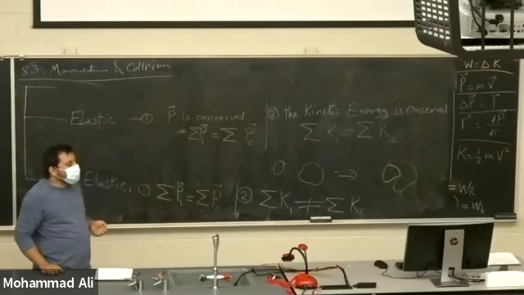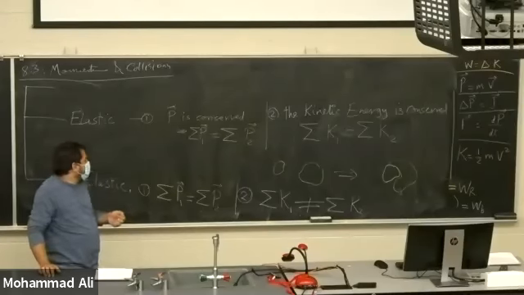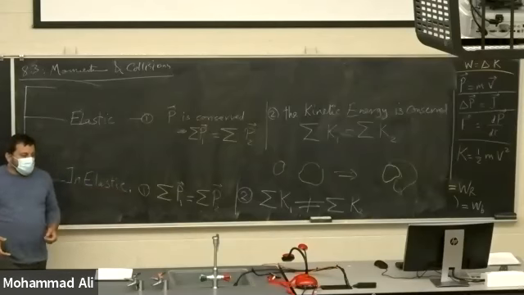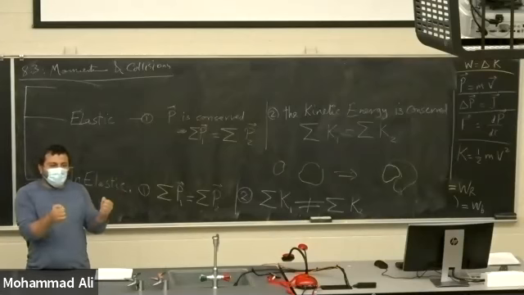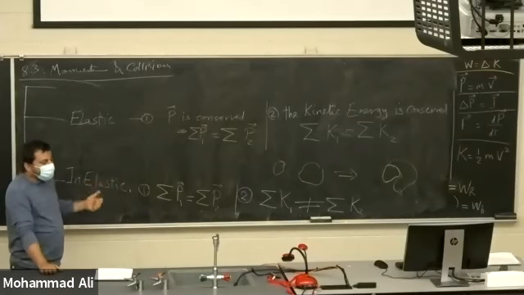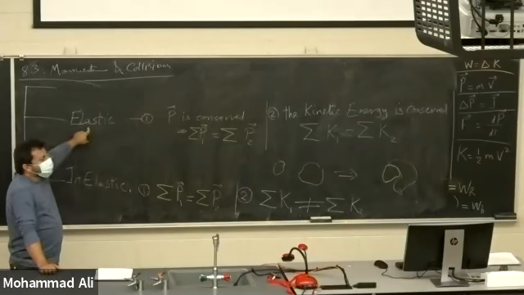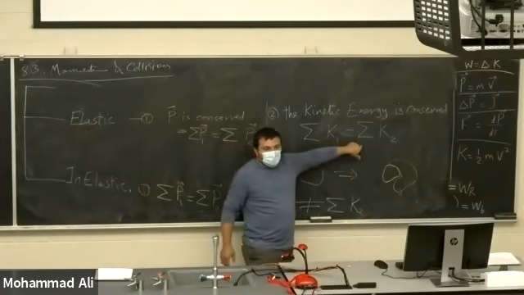In general, in nature, all the collisions are inelastic. But we can assume that some of them are elastic, like glass balls or the atoms or any object in the lab. If we need to assume it as an elastic collision, then we can assume that the kinetic energy is conserved.